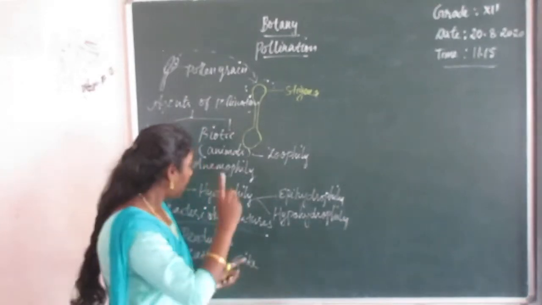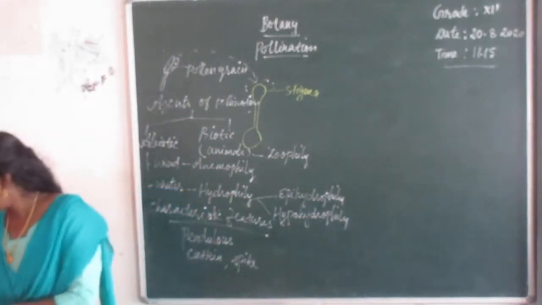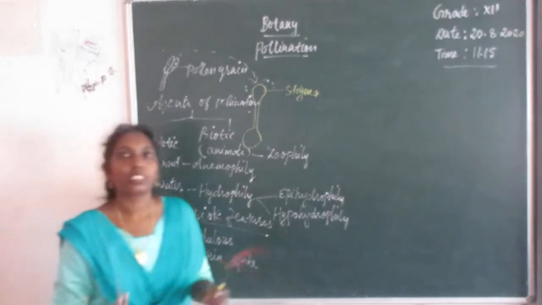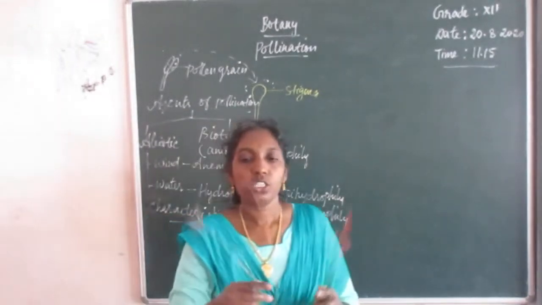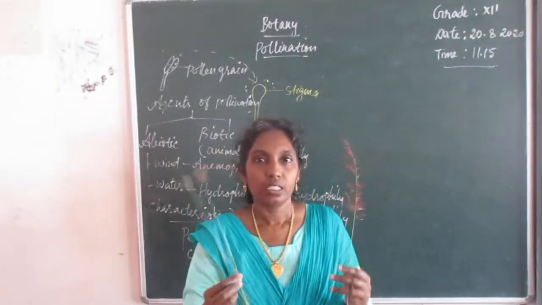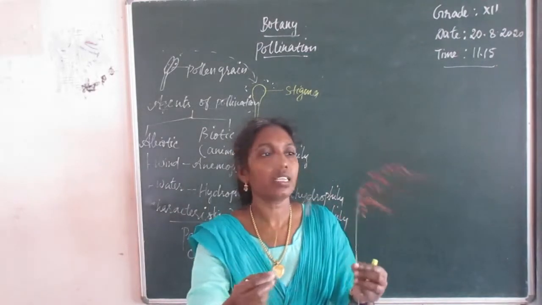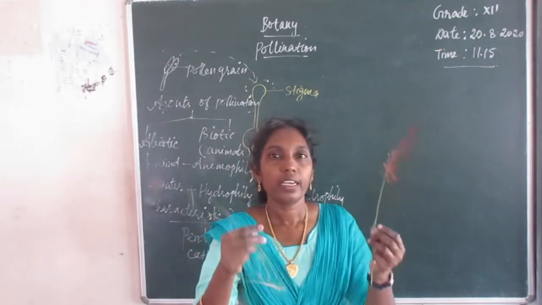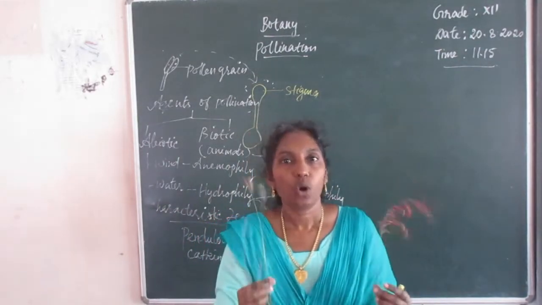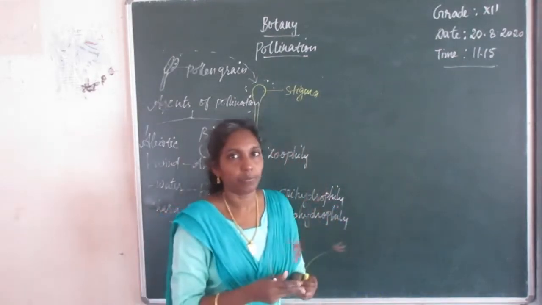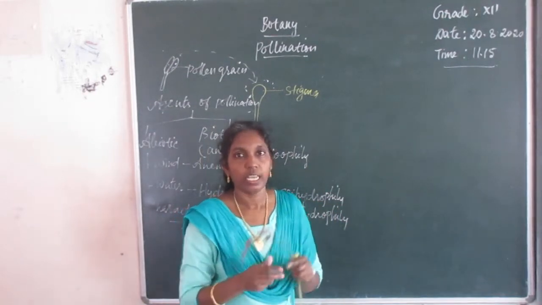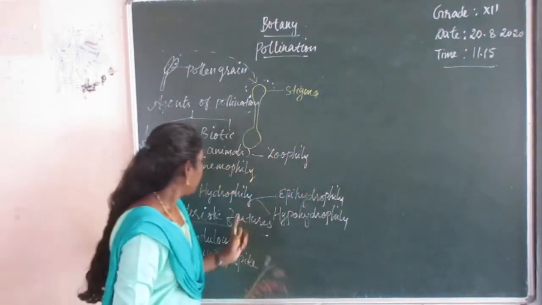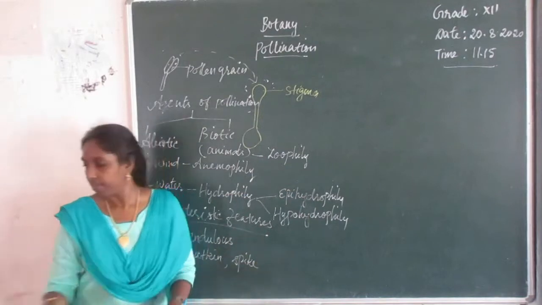Grasses, sugarcane, maize, these are all examples of anemophilous flowers. This flower does not produce nectar, it is colorless and odorless, so it is an inconspicuous flower. Most of the monocots, the grasses, come under this type of anemophilous flowers.